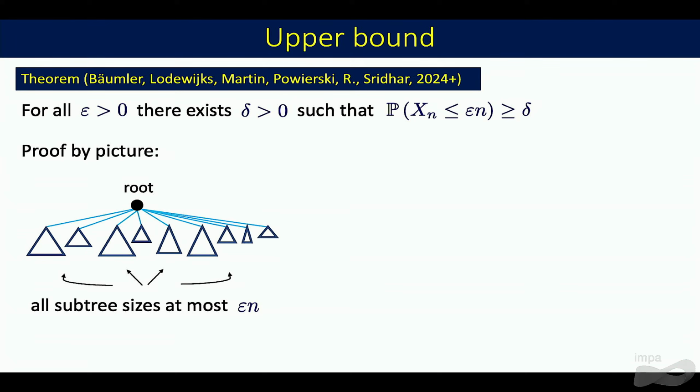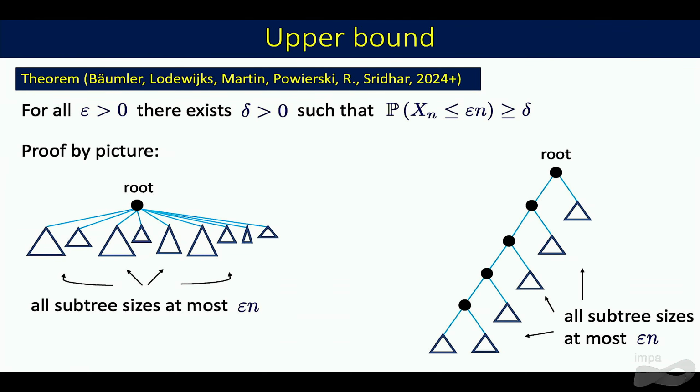Okay? This has some constant probability that only depends on epsilon. Now, let's consider this other event where I have the root and then its first child and that node's first child, etc. And the property that I want to enforce is that everything that is over here, this subtree, has size at most epsilon times n.